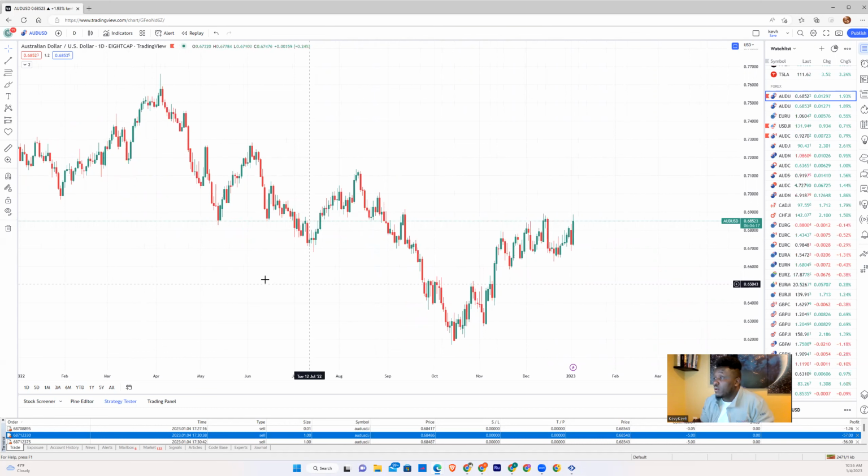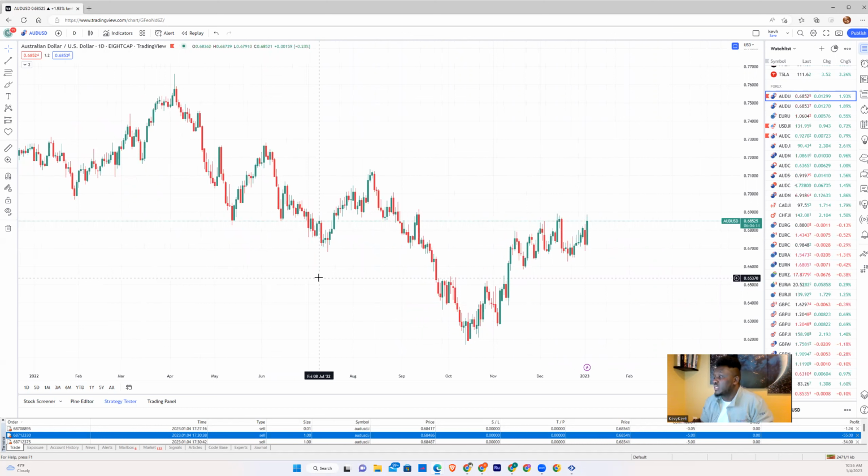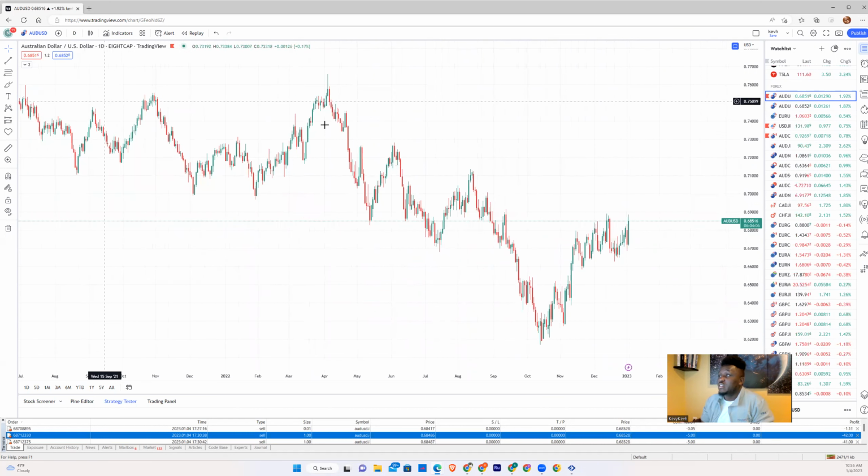Just looking at it, you can tell that the market has pivoted. AUD USD was pushing down, then it made a pivot just around these areas right here.